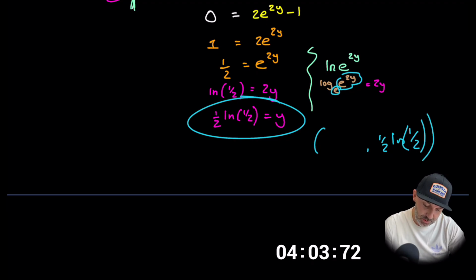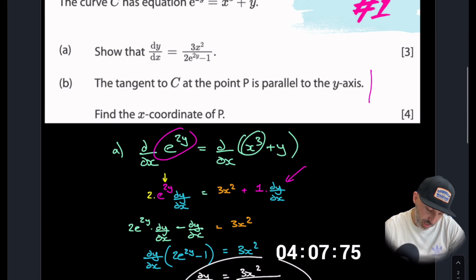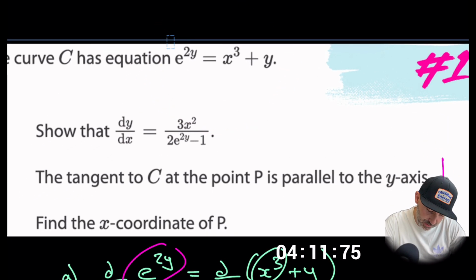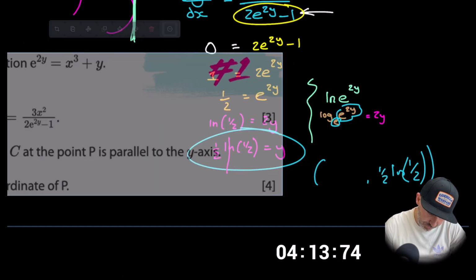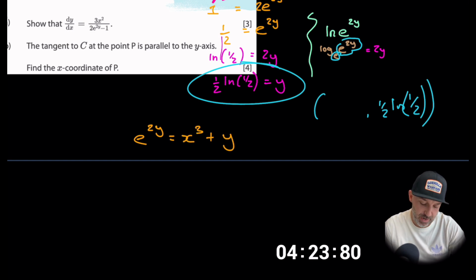So what I'll do is I'll have to substitute that into the original expression up here to find what x is. Okay, so paste that down. Take e to the 2y is equal to x cubed plus y, and we need to now find the value of x.